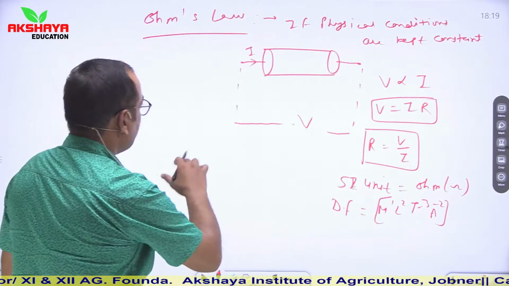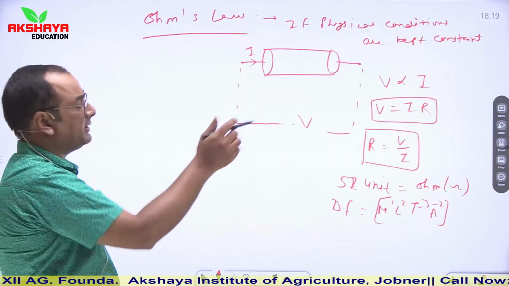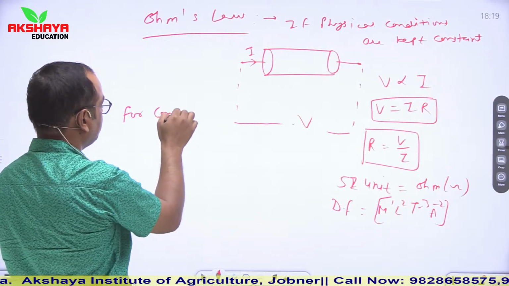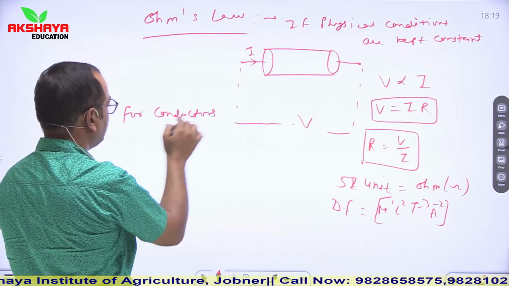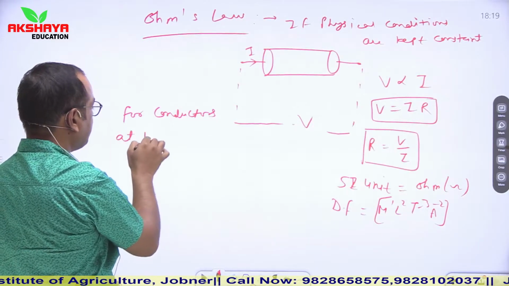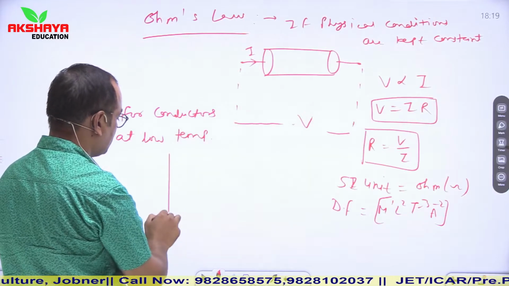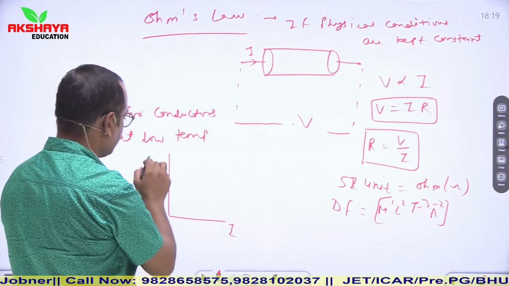So here we talk about the graph between V and I. For conductors at low temperatures, this graph is a straight line.